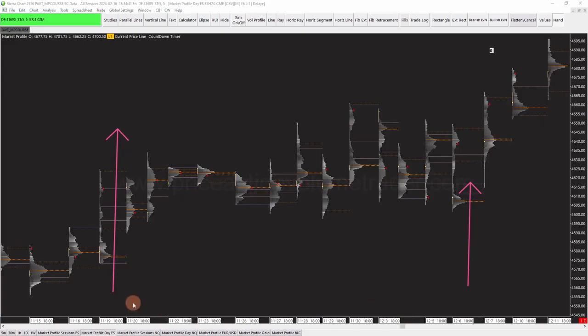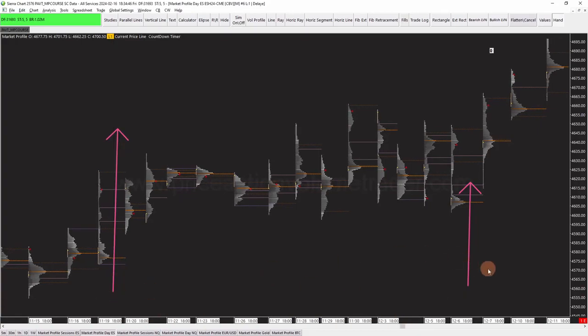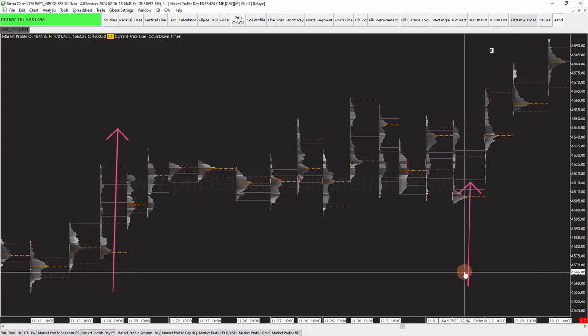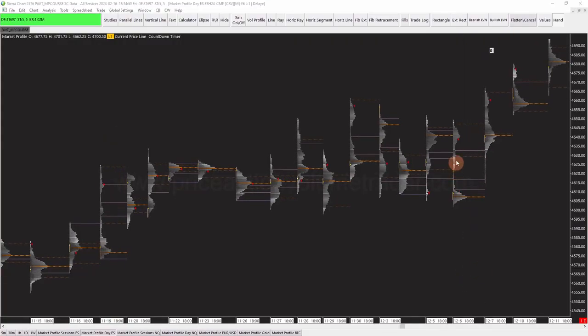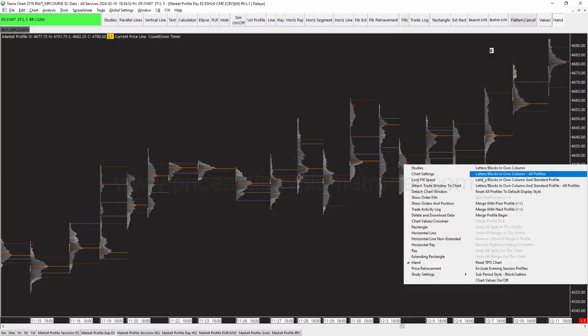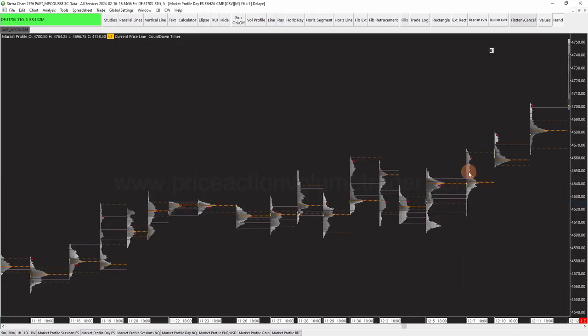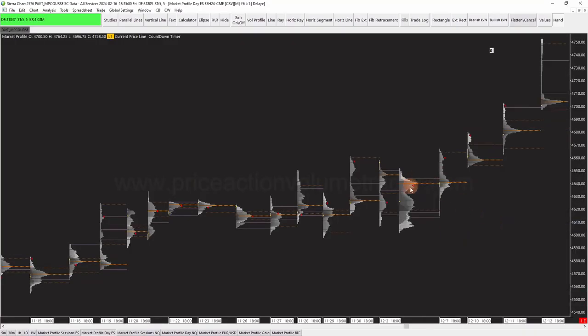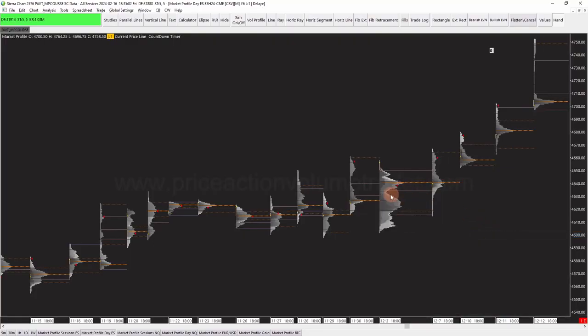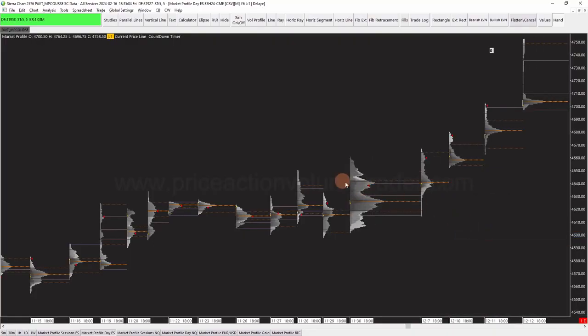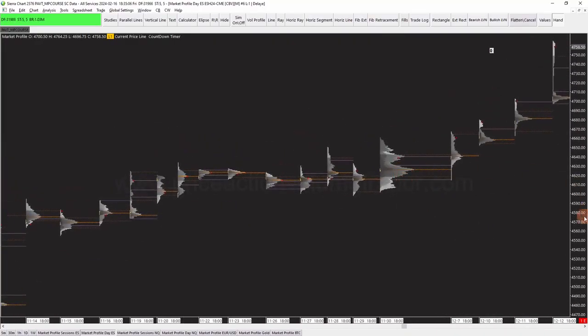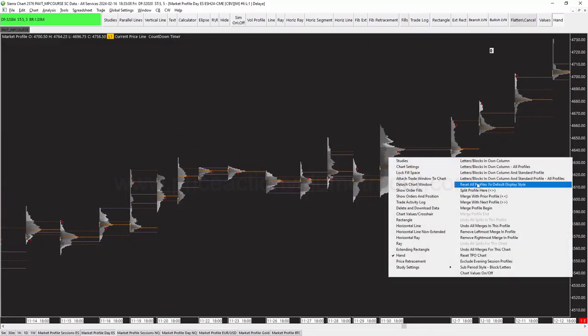So we're going to take between November 19 up to December 6. So what I do is I right click and I choose merge with prior profile. So I have this one now, merge with prior profile, and I'm just going to keep clicking this, and you can see how this profile is starting to get thicker and thicker.